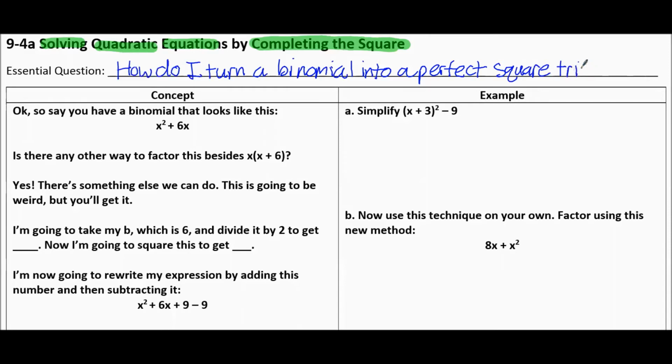Look at that, all in one line. Tasty. How do I convert or turn a binomial into a perfect square trinomial? That is the idea of completing the square. We are going to turn this binomial into a perfect square trinomial.